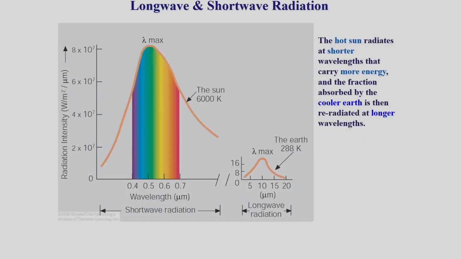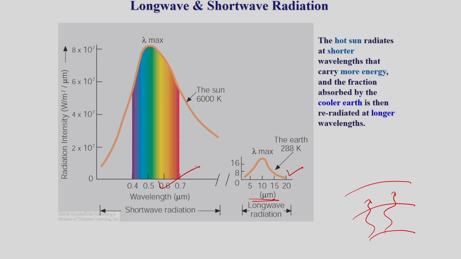Here, this is the earth's atmosphere and this is the earth. This long wave radiation is going back; it is a long wavelength radiation. The peak is at about 10 microns, and then it decreases. This shows long wave radiation and this shows short wave radiation.